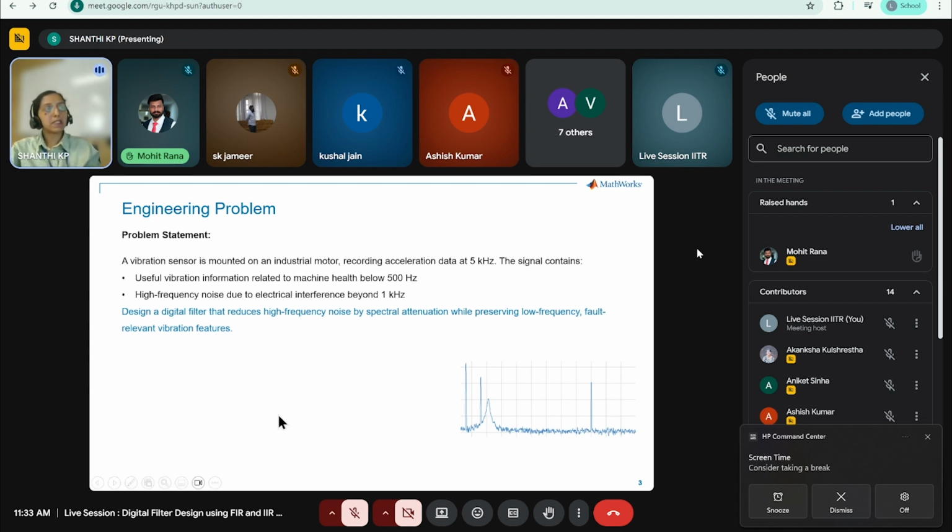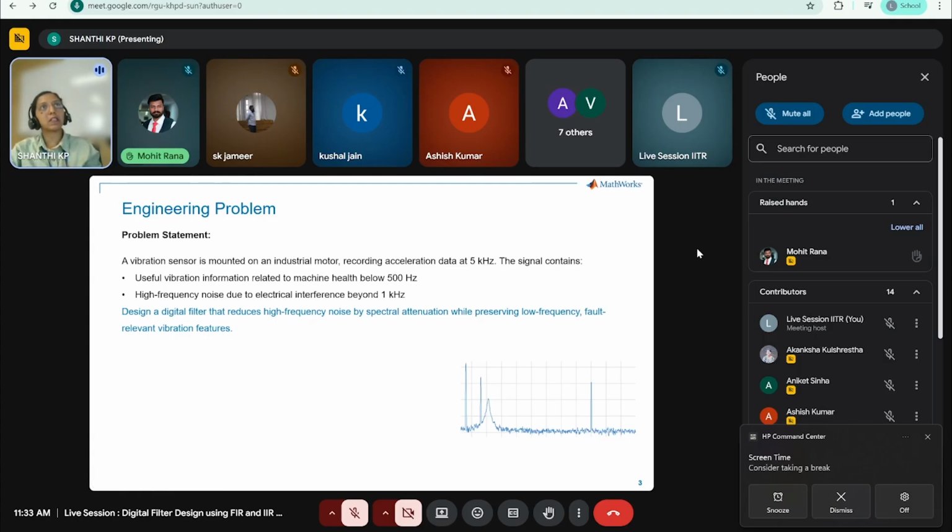Consider a scenario where a vibration sensor is mounted on an industrial motor, which records acceleration data at a sampling rate of 5 kilohertz.